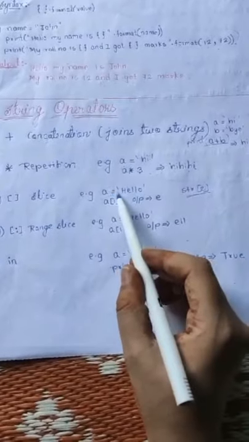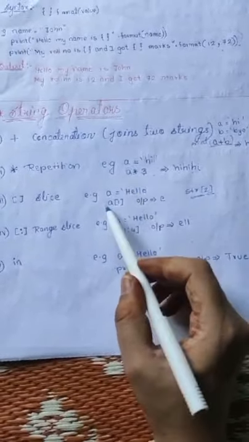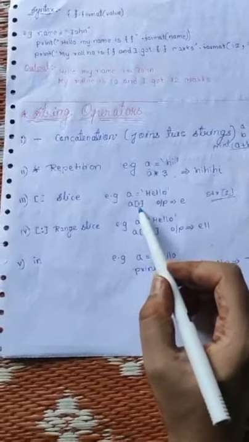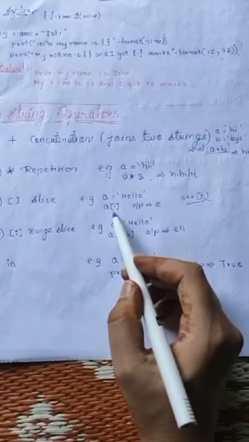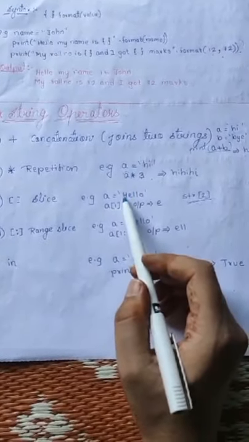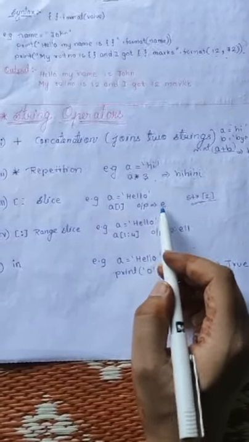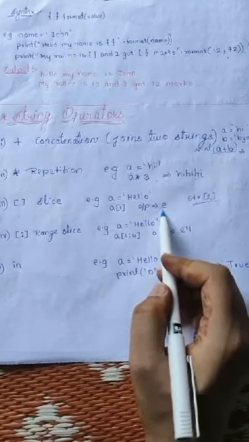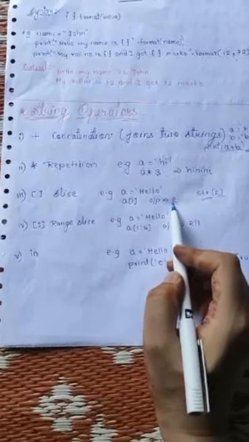Here I have declared a string hello. So a of 1 is going to give me the character stored at position 1. As we know, it starts with 0, so h will have 0, e will have 1. So it displays the character e. This is the slice operation.